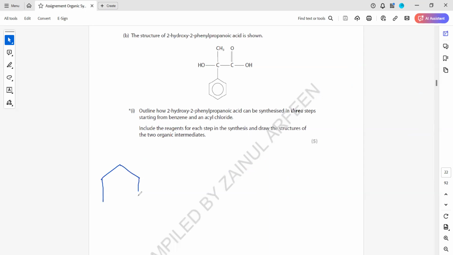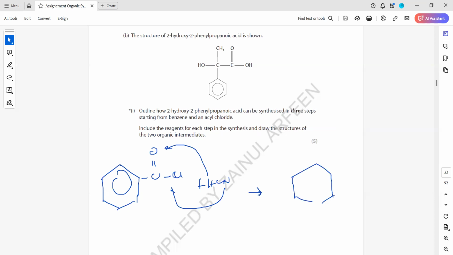Now step 2, I'm writing step 2. Step 1 is completed. So the reagent which we use is hydrogen cyanide and potassium cyanide here. As a result, say HCN is there, so hydrogen will be added here and the nitrile group will be added there. It's the same as unit 4, in which carbonyl compounds are converted into carboxylic acid.